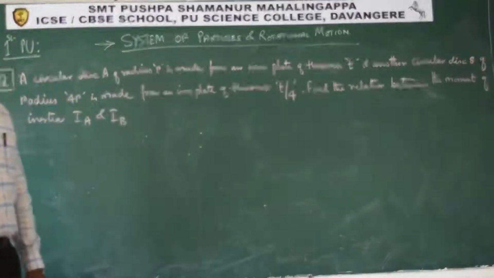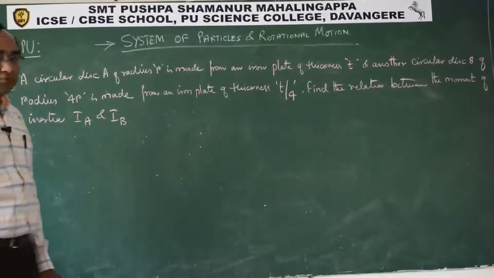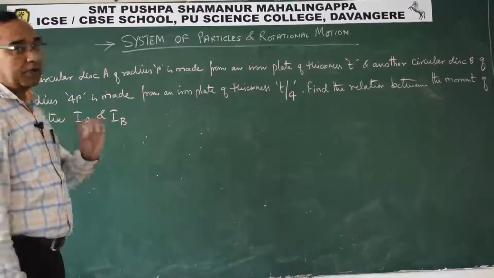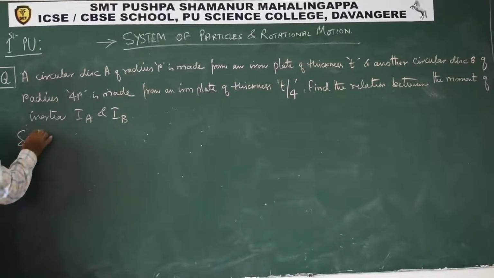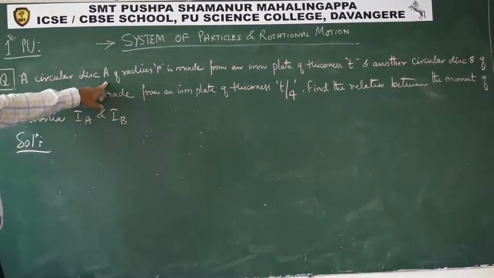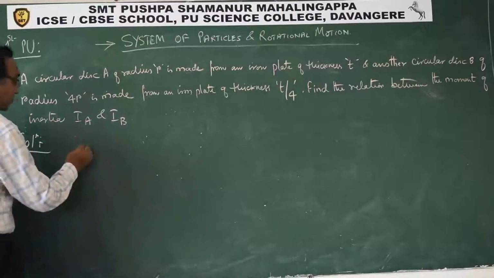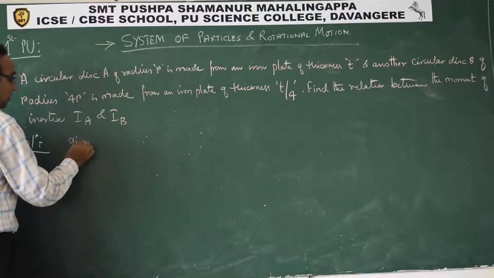Well students, the next question, this is a very typical question. Please understand word by word. A circular disc A of radius r. So we will write what the given things are.